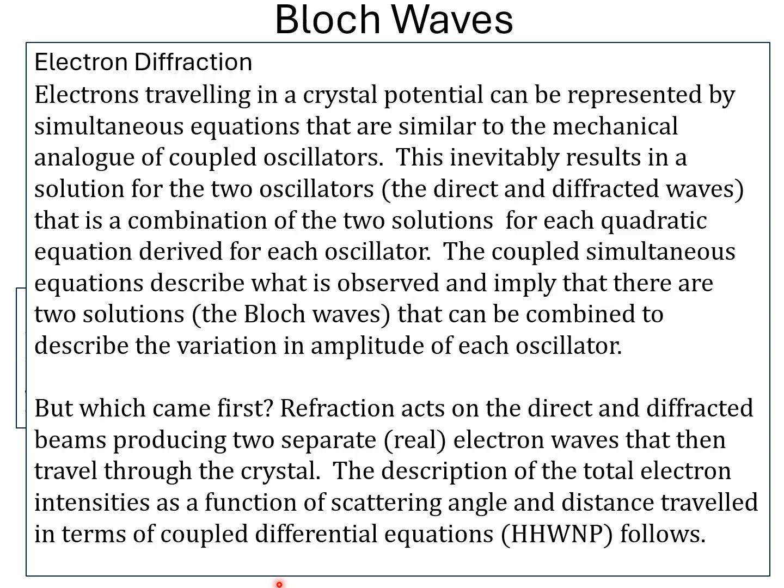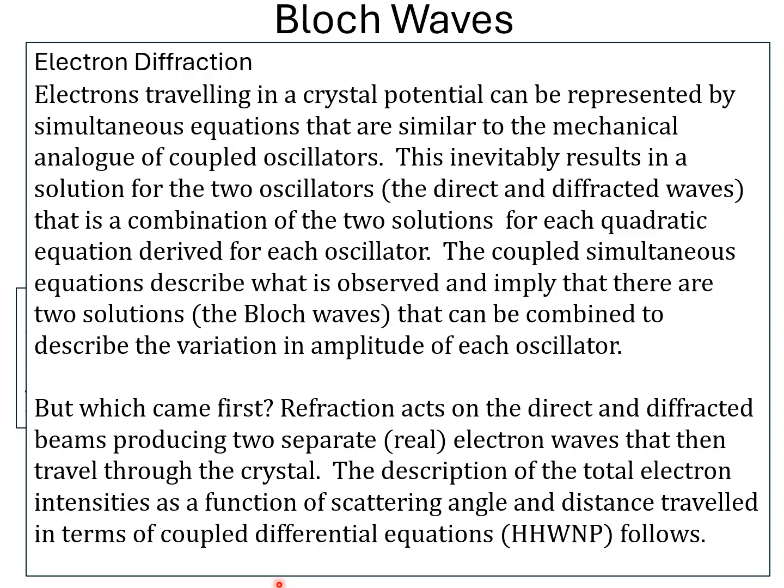The one route, which is the one that I can handle, is the physical consideration of refraction, and the other route is making these what in effect turn out to be empirical solutions to fit the observations. One ends up at the same picture, that you have to have in effect two waves for each wave vector in the crystal, the direct wave vector and the diffracted wave vector.